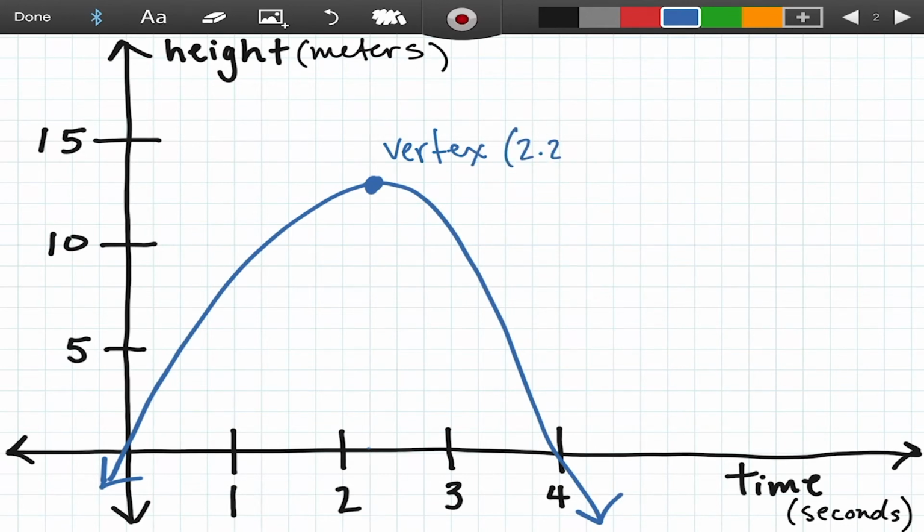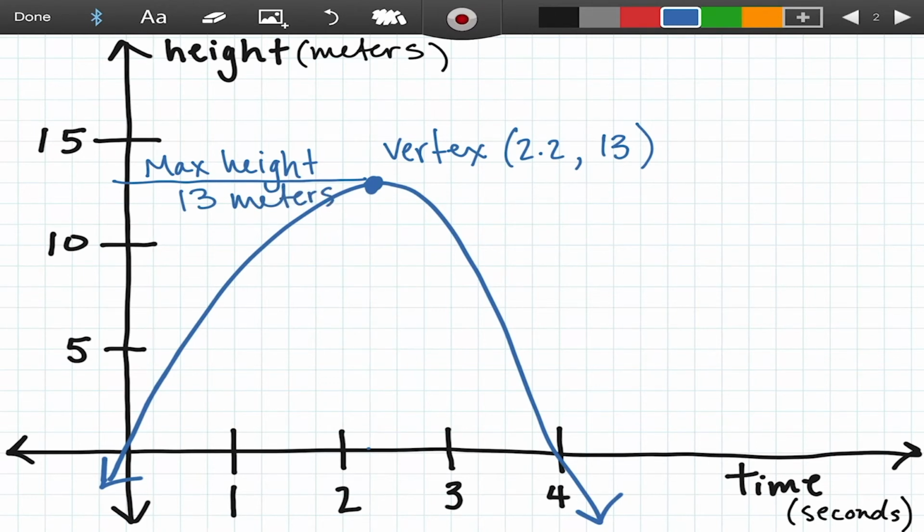That's my x value, 2.2 seconds, and let's see, 1, 2, 3, 13 meters. Okay, so what's the maximum height of the ball? It's right here. This is my max height. 13 meters.